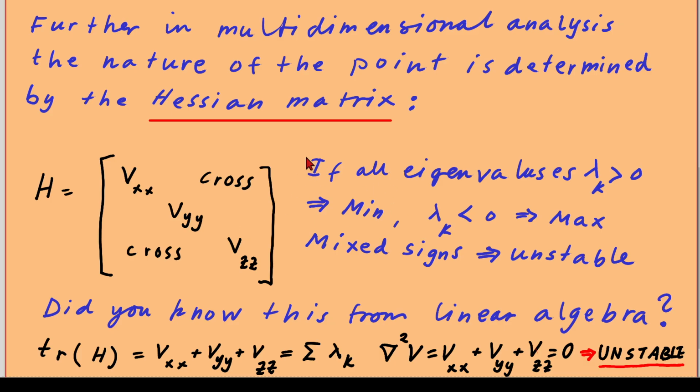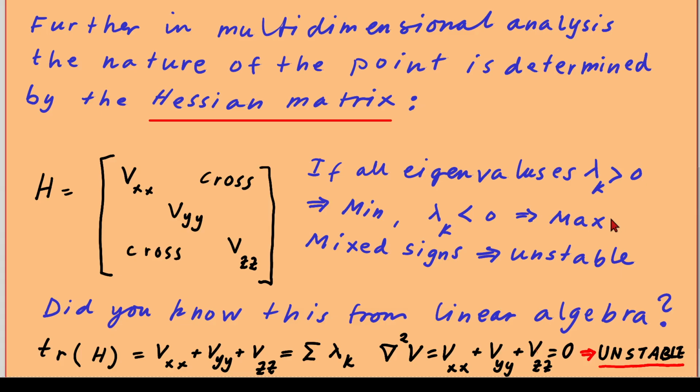The theorem in multidimensional analysis says that if all the eigenvalues of this Hessian matrix are greater than zero, then we have a minimum, a stable point where a charge could be situated and forever be stable. Likewise, if the eigenvalues are less than zero, then you have a maximum.